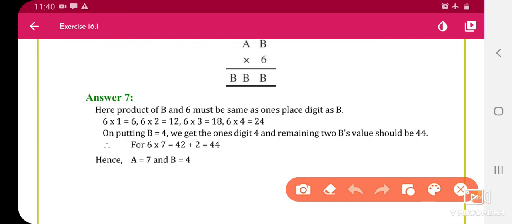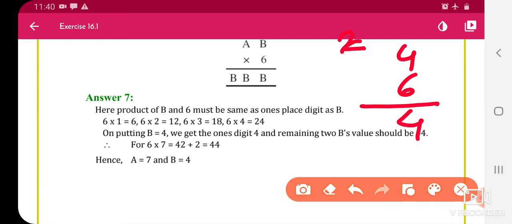On putting B equal 4, we get 6 fours are 24 and carry 2, and after that we have to multiply the 2, 6 twos are 12 and 2 is 14, so the answer is 144.